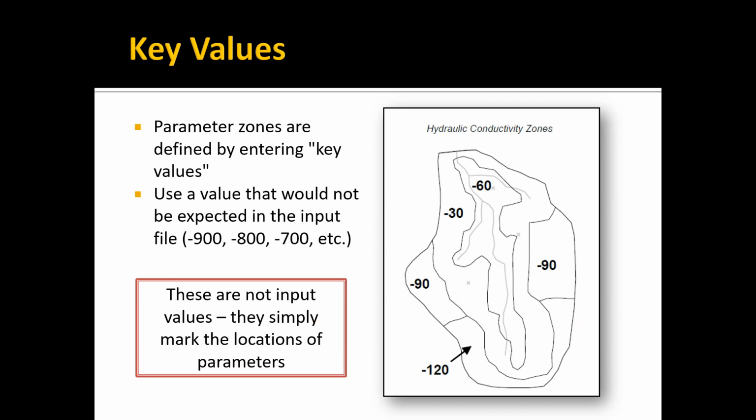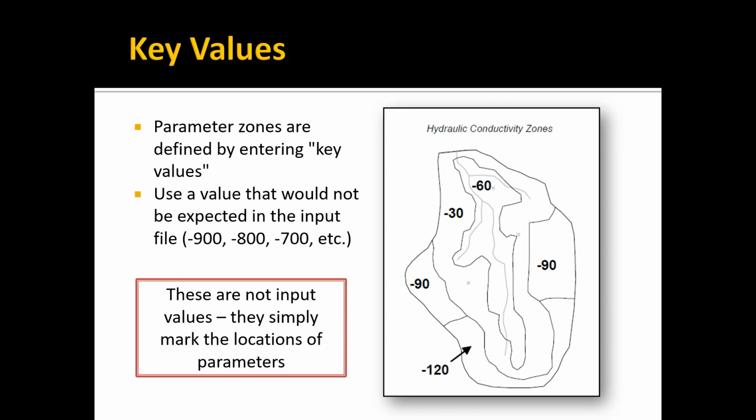Now, regardless of which of these techniques you're using, we typically indicate, for example, where your zones are. We use something called a key value. It's a term we use in GMS terminology. Basically, it's a value that you would not expect to find in the input.